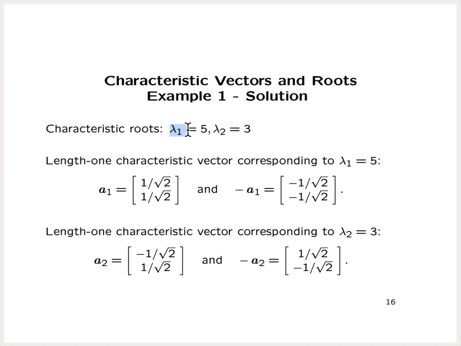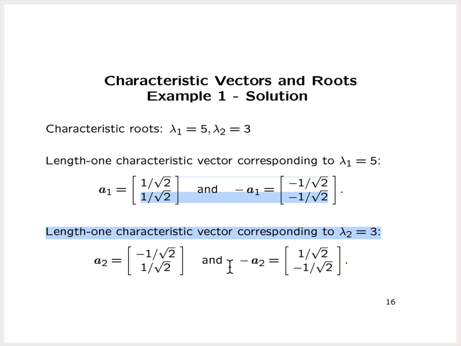Now, corresponding to the characteristic root lambda 1 equal to 5, there are 2 length 1 characteristic vectors of capital Sigma corresponding to that characteristic root. And those 2 by 1 length 1 characteristic vectors are A1, given by this 2 by 1 vector, and we could also use the negative of that. And then the length 1 characteristic vector corresponding to the second characteristic root, there are 2 of those.